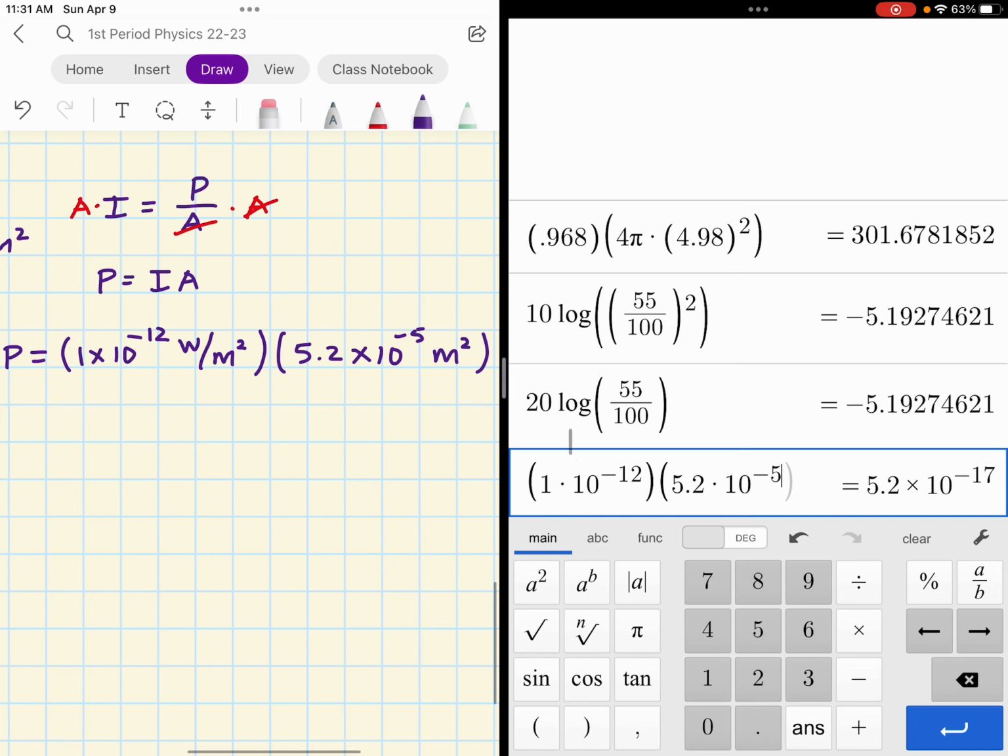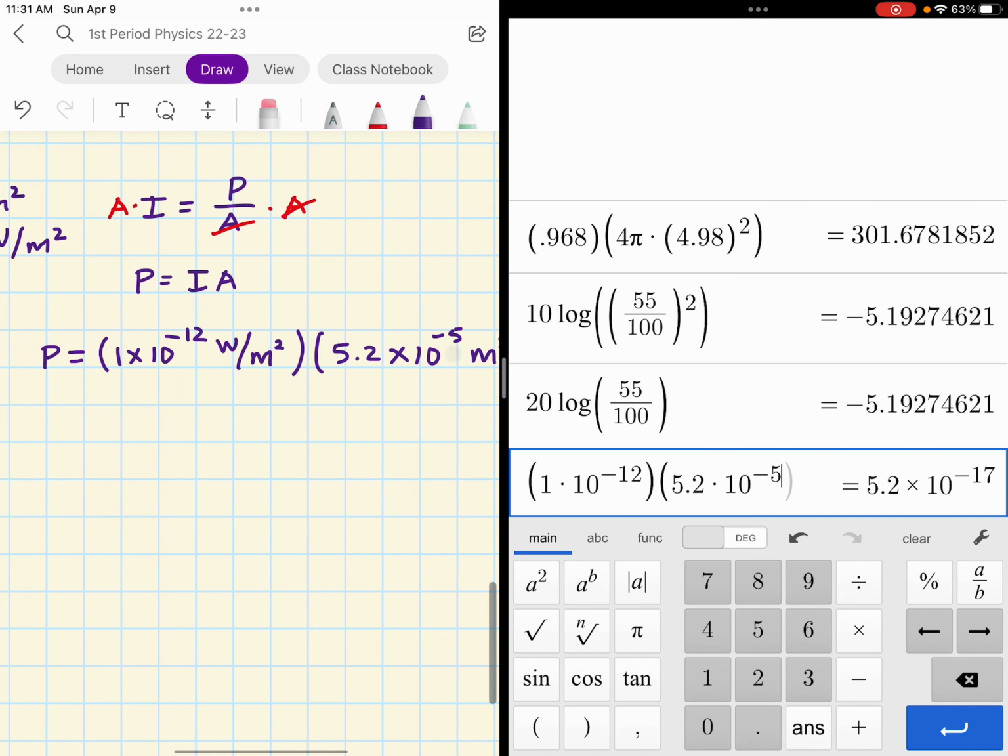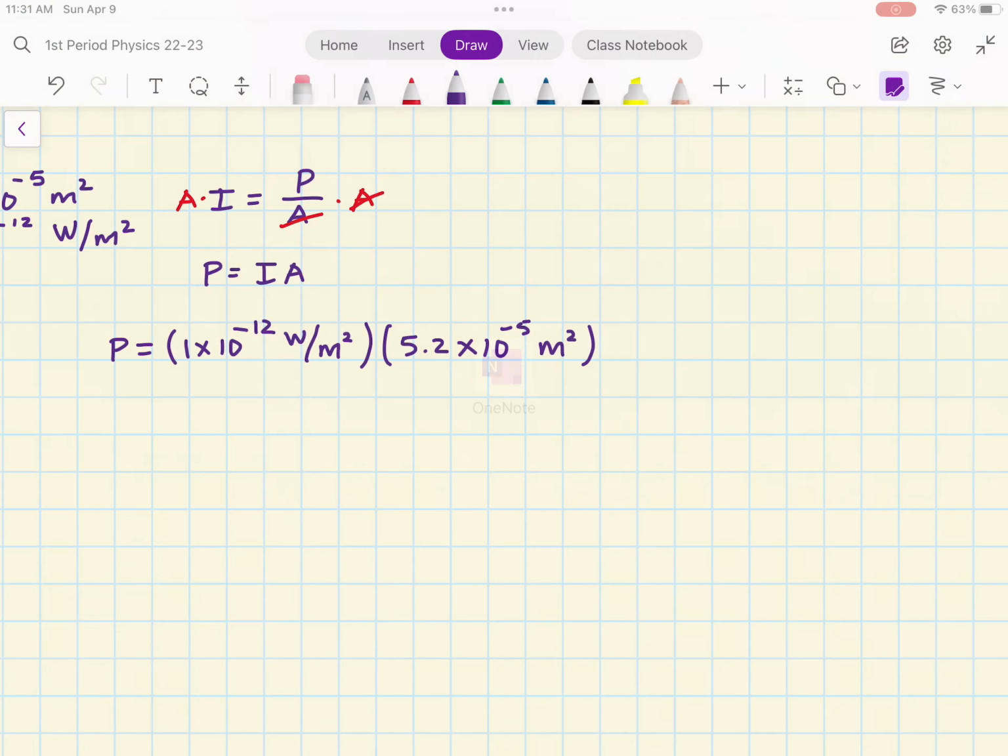Unit check: meter squared cancels meter squared. We have watts, that is exactly what we want. So power is equal to 5.2 times 10 to the negative 17 watts. That's it.